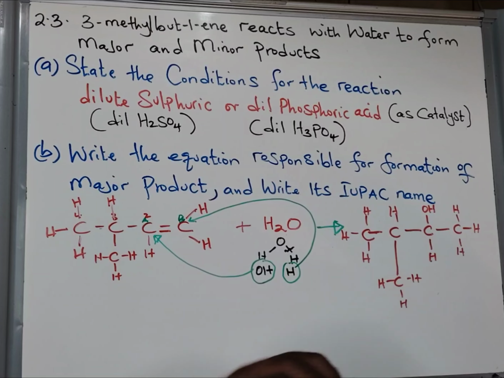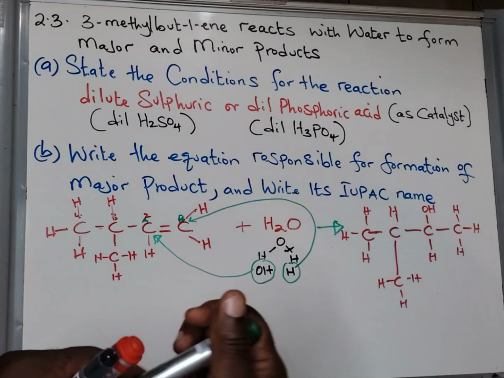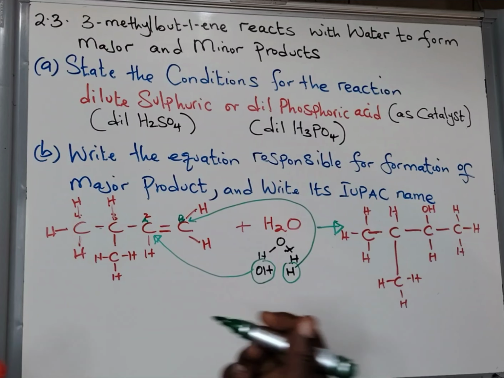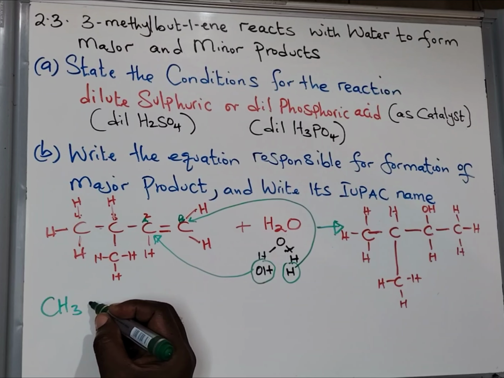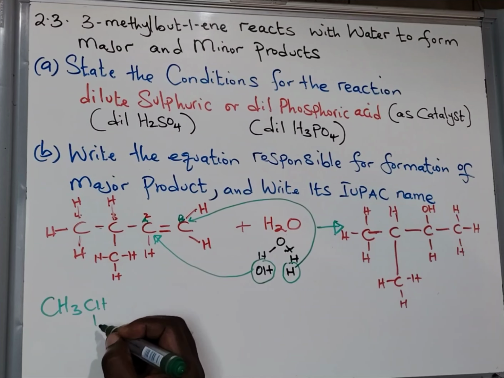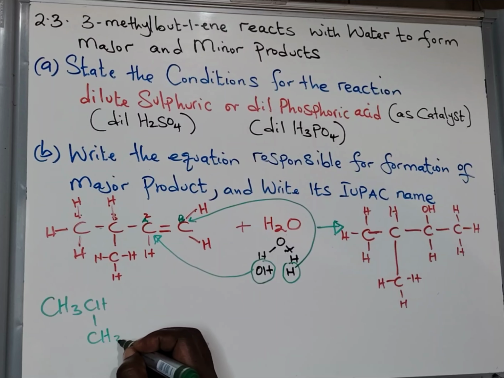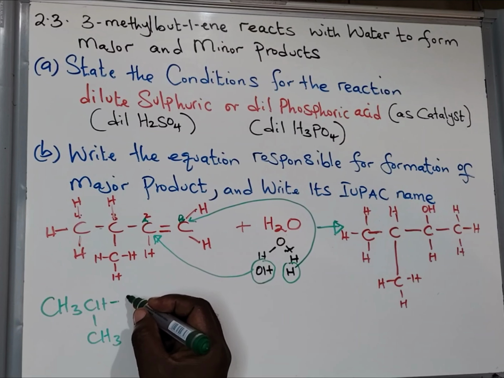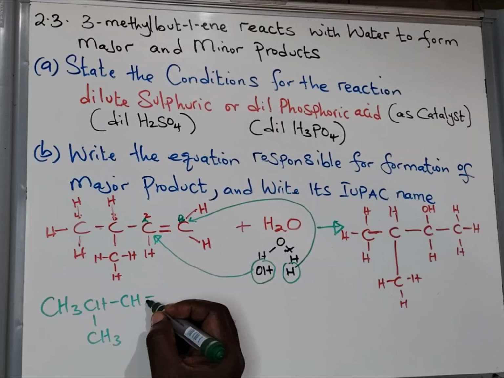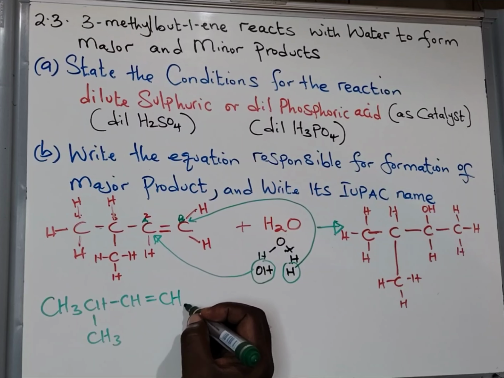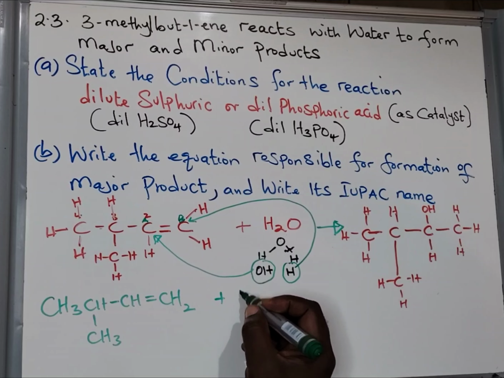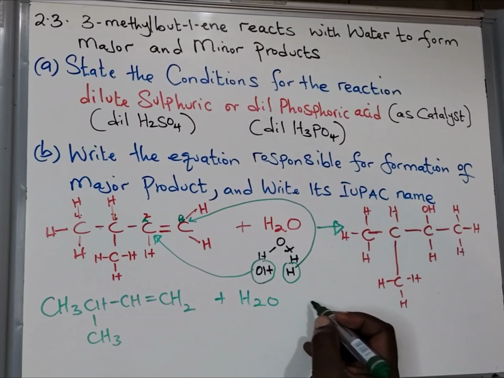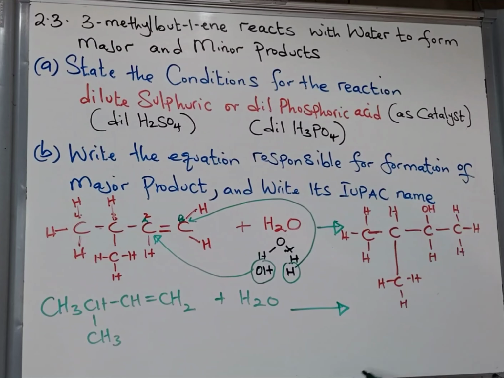We can go ahead and write its condensed structure. Okay, what do you have here? It's going to be CH3 and CH with a CH3 here. And we come here with a CH, double bond CH2, plus our water, giving you what?